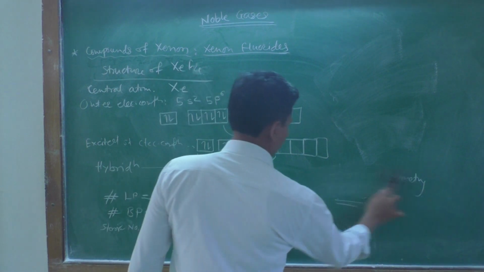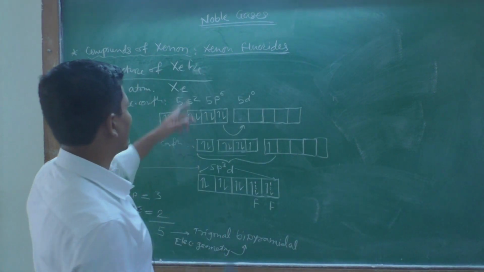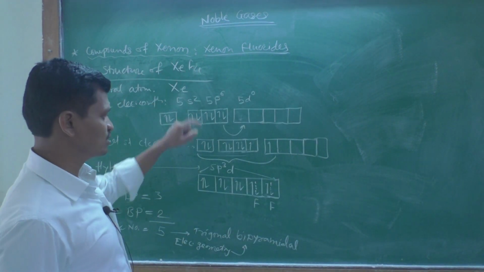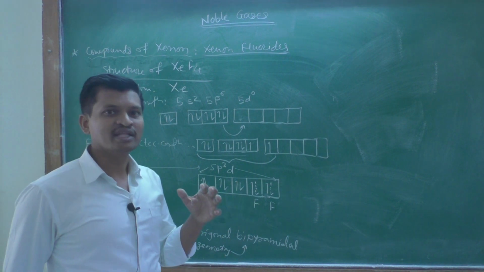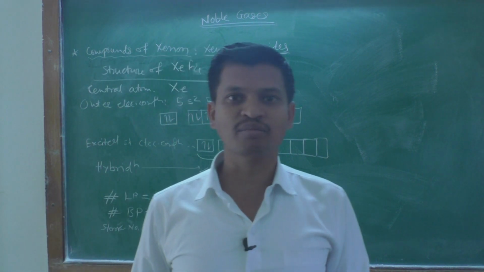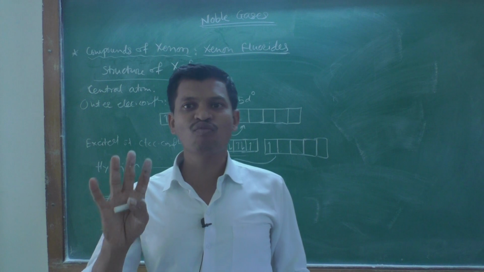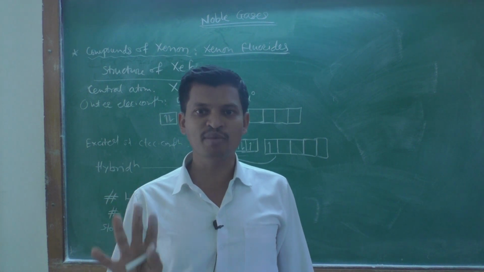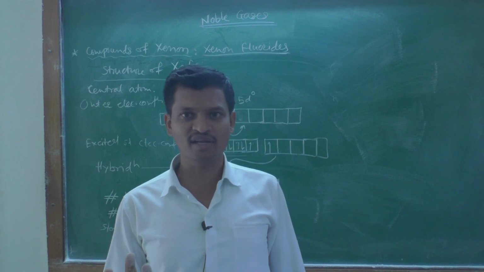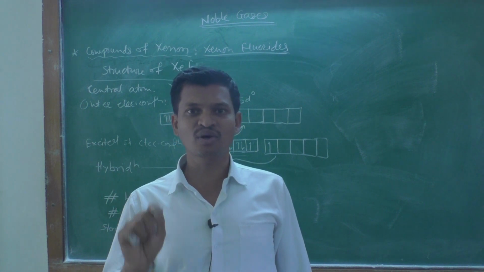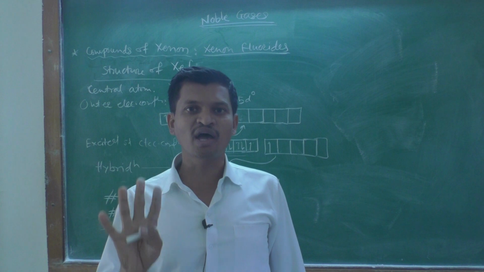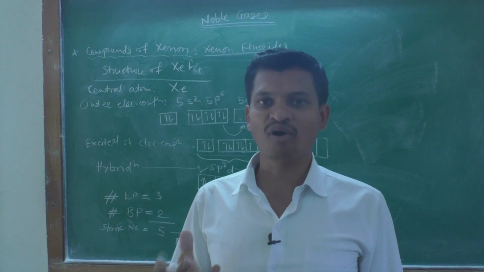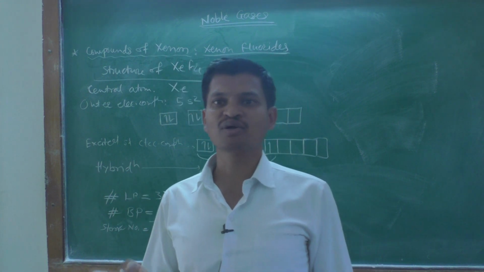Okay, and the only change is that as there are 4 fluorine atoms, in the central xenon atom there must be 4 unpaired electrons. In the central hybridized xenon atom, the xenon must have 4 orbitals having unpaired electrons.